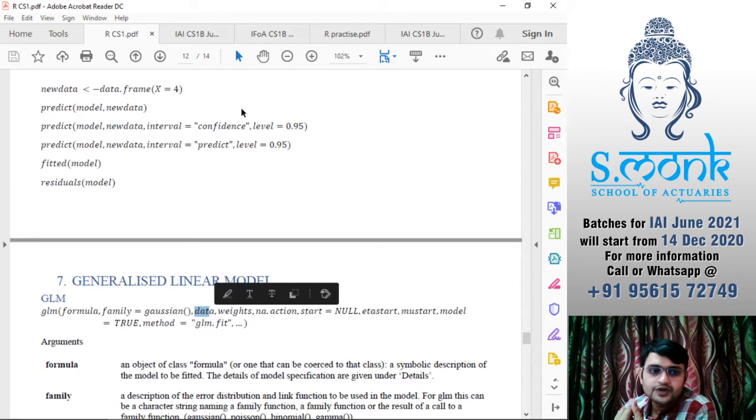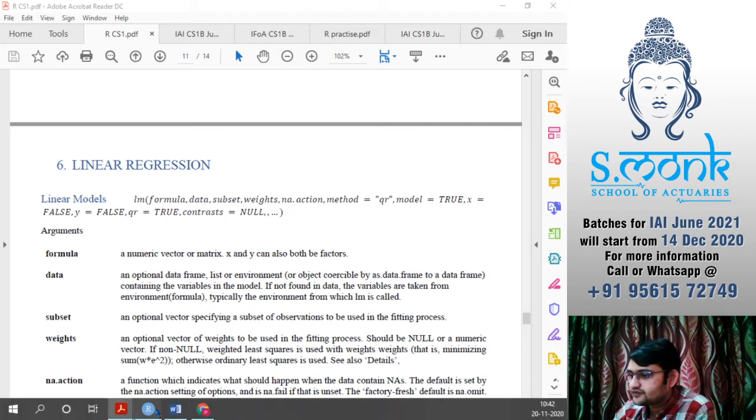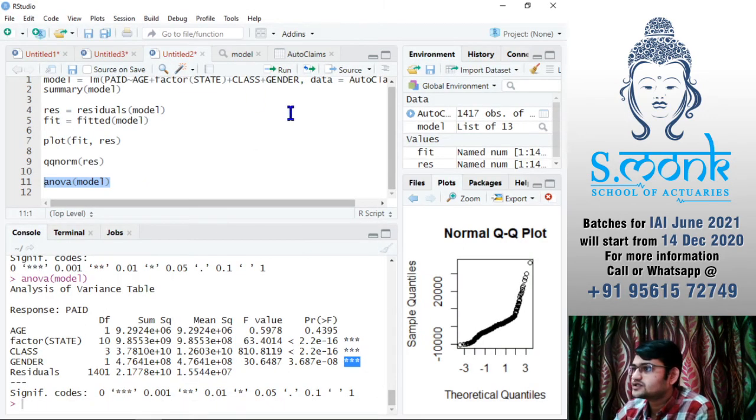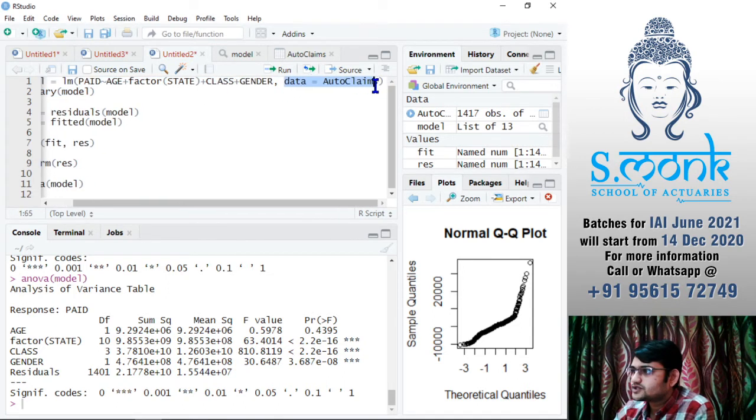In the previous one I only talked about how to write in terms of data, but there is an easier way to write. Let's say this was the model that we were talking about. We said it comes from the data autoclaims. Now let's take into account another way of writing this model.